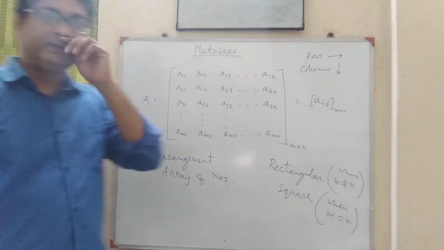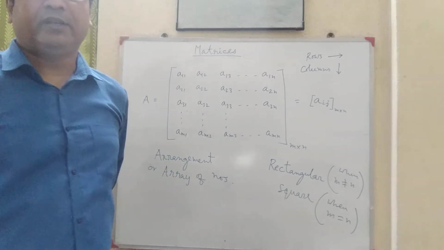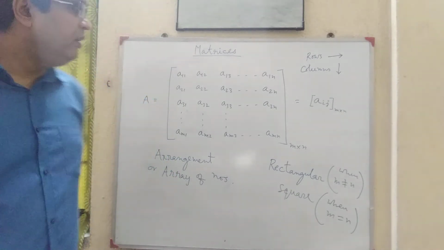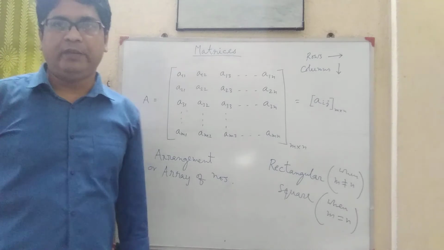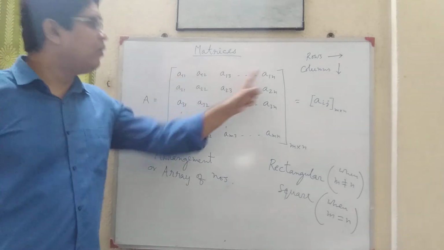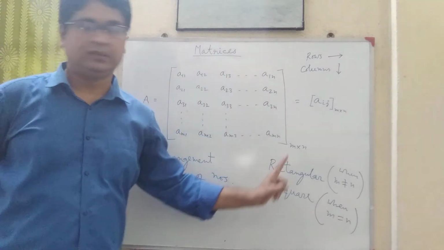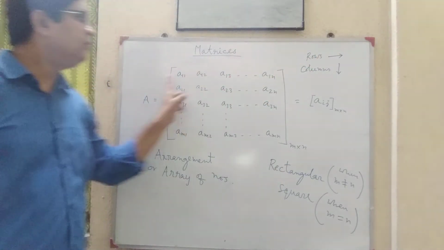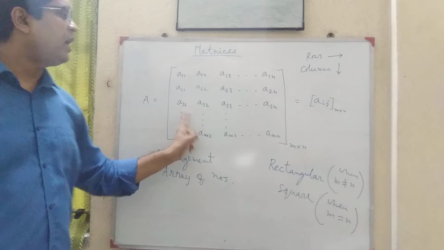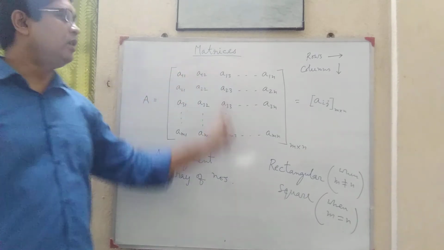A matrix is a representation of m into n number of elements in m rows and n columns. Rows, as you know, these are rows and these are columns.